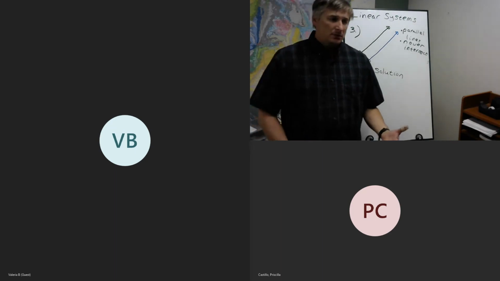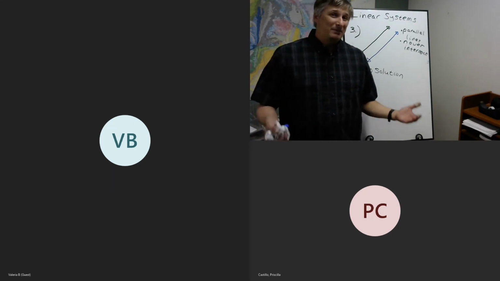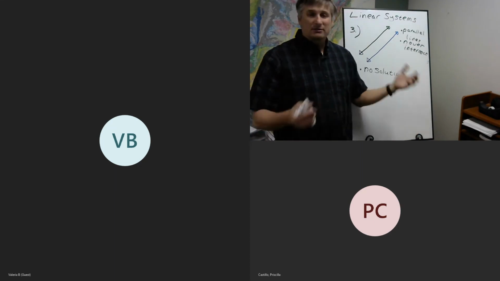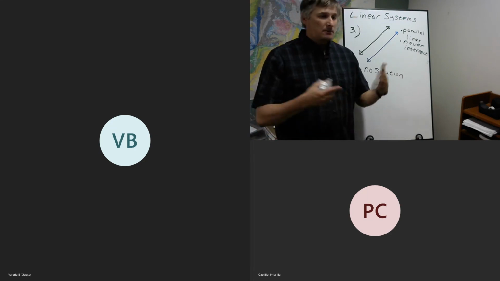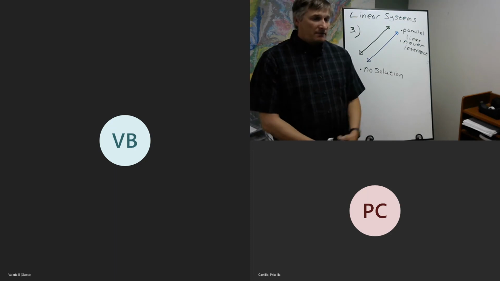The other situation is that the 2 equations we're working with, they really represent the same line. And so when we graph these, you just get one line on top of another, and there's infinitely many intersections. All the points, they're crossing each other all the time. So we have infinite solutions.